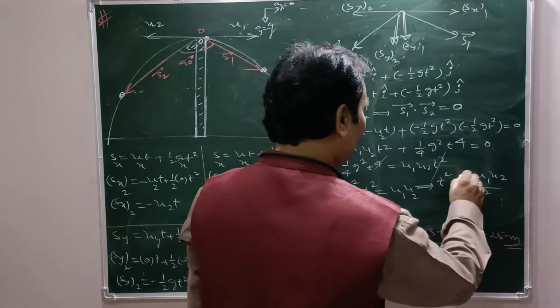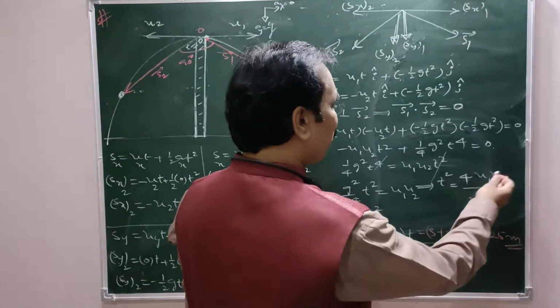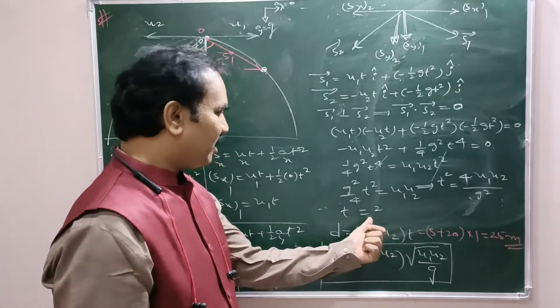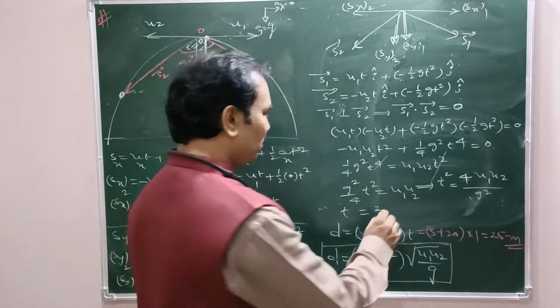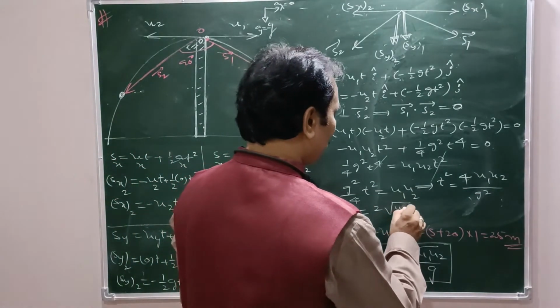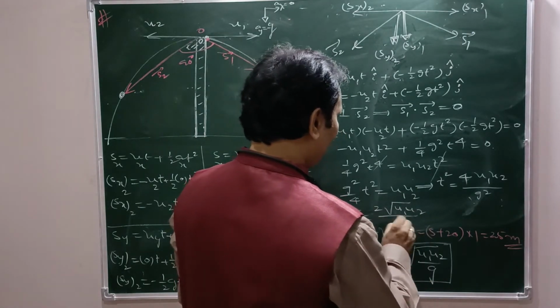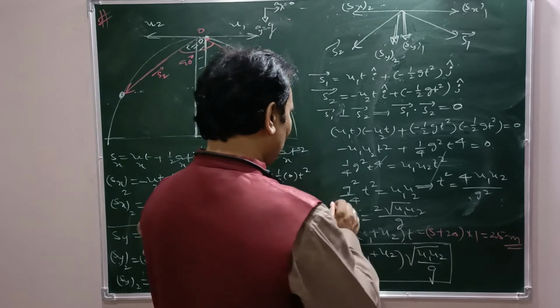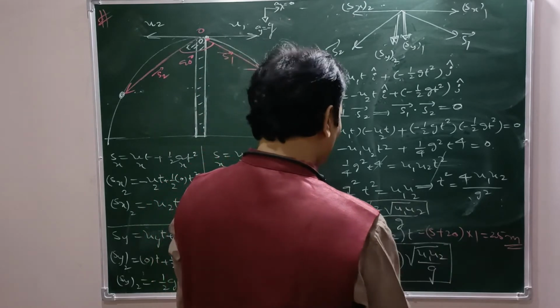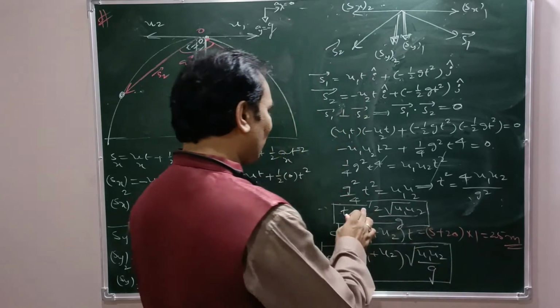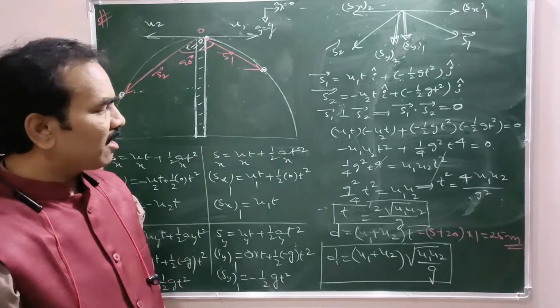So 4t² equals 4u1u2 by g², that is t equals 2 root u1u2 by g. This is the time after which the displacement vectors become perpendicular to each other.